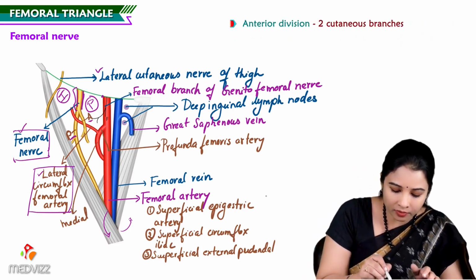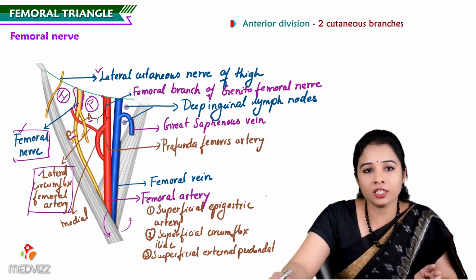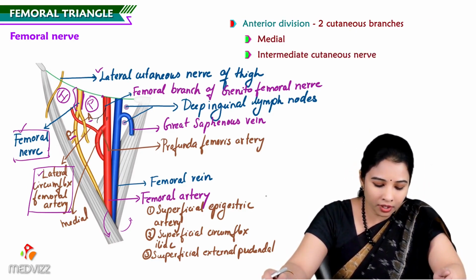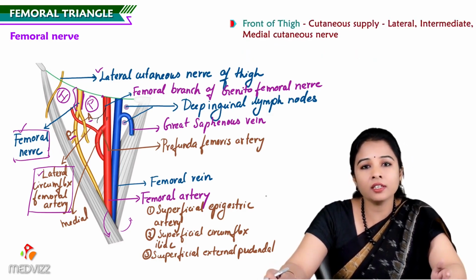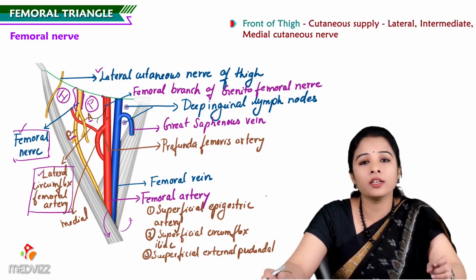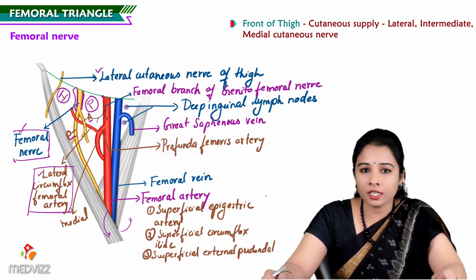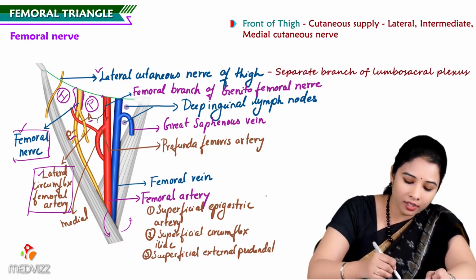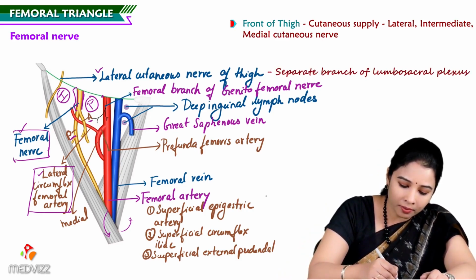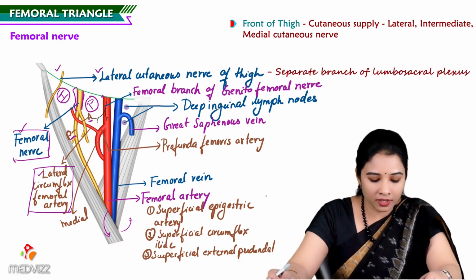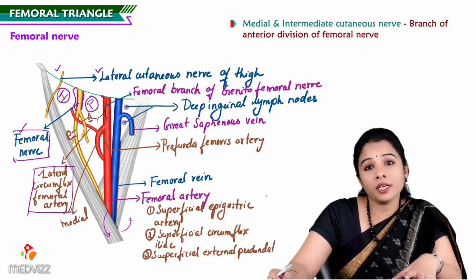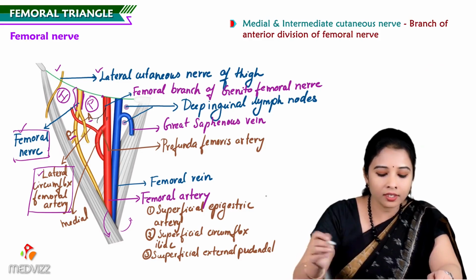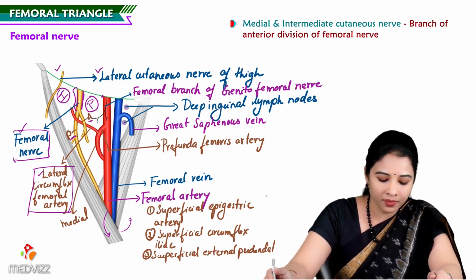So the anterior division gives off two cutaneous branches which are called the medial and intermediate cutaneous nerves. Anteriorly the front of the thigh is supplied by the lateral cutaneous nerve, intermediate cutaneous nerve and medial cutaneous nerve. Lateral cutaneous nerve is a separate branch of the lumbosacral plexus, whereas the intermediate and the medial cutaneous nerves are the branches of the anterior division of the femoral nerve.